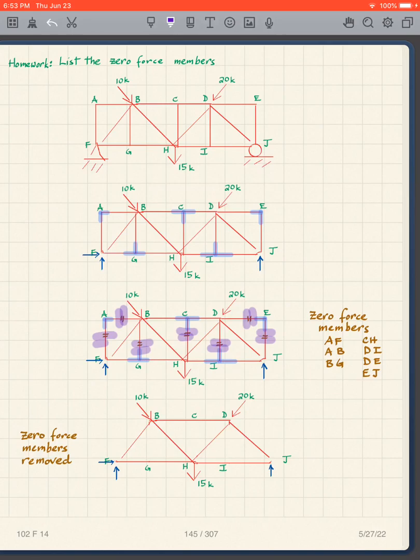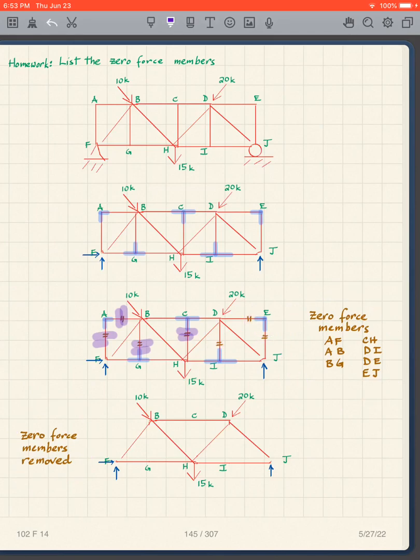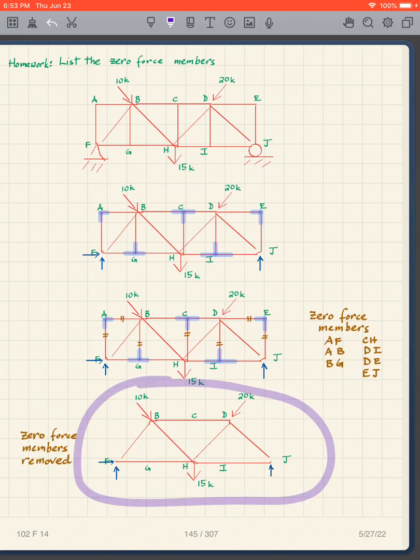Now, what does that mean? I have these as zero force members, so those are those listed. If they're zero force members, I can remove them. So let's remove them. Now, in a real truss, we don't do that because these members are for stability and for other loading conditions. But for this analysis, we can do this. So I remove all the zero force members and I end up with this.